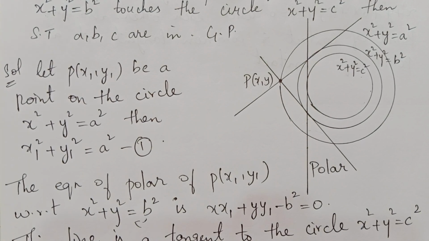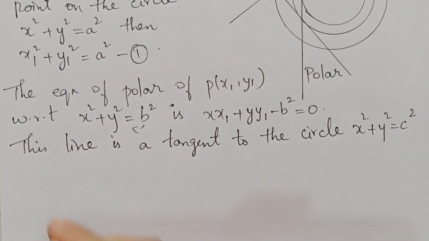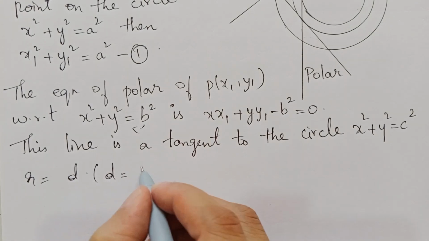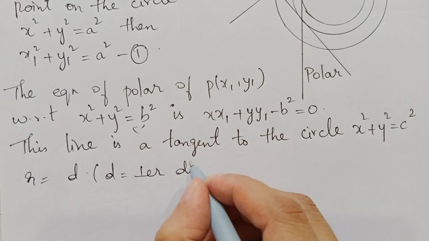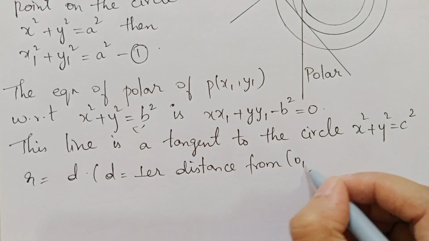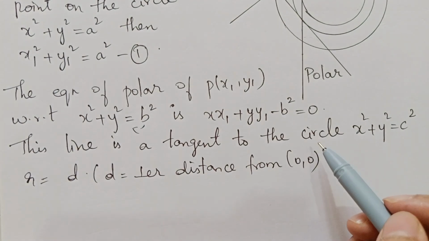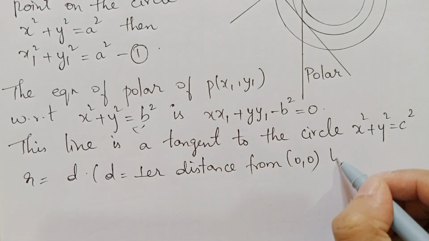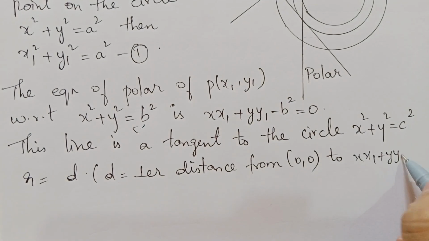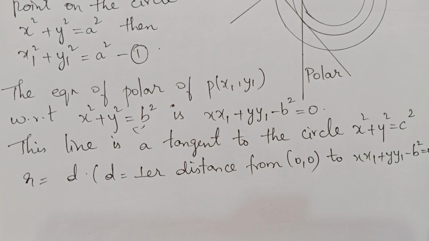Then the radius is equal to d, where d is the perpendicular distance from 0, 0, the circle's center at the origin, to the polar x x1 plus y y1 minus b square equals 0.